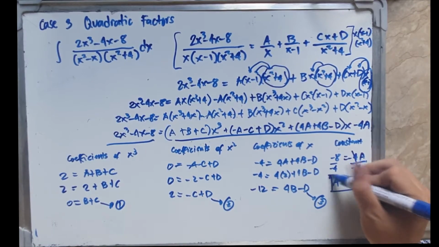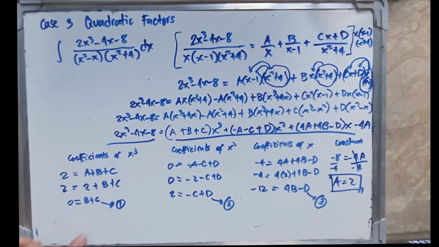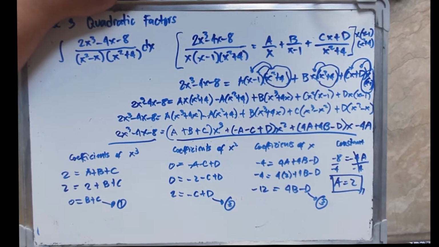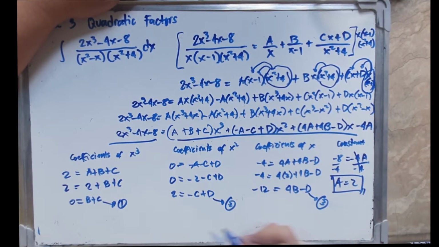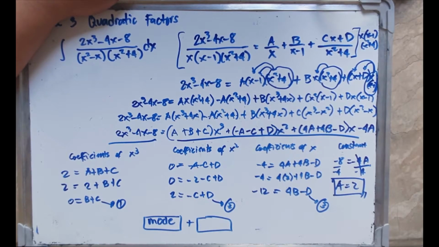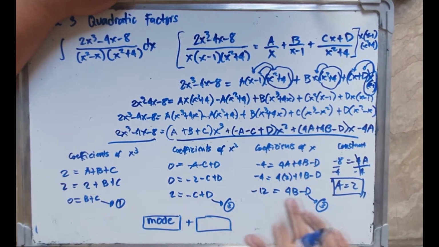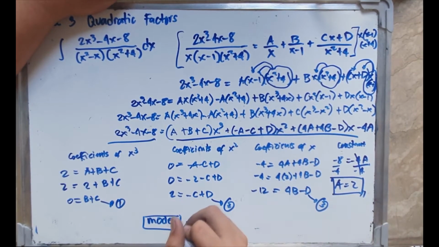We already have the value of a. For equations 1, 2, and 3, we could use our calculator, mode, system of linear equations. So system of linear equation with 3 unknowns. Use mode.